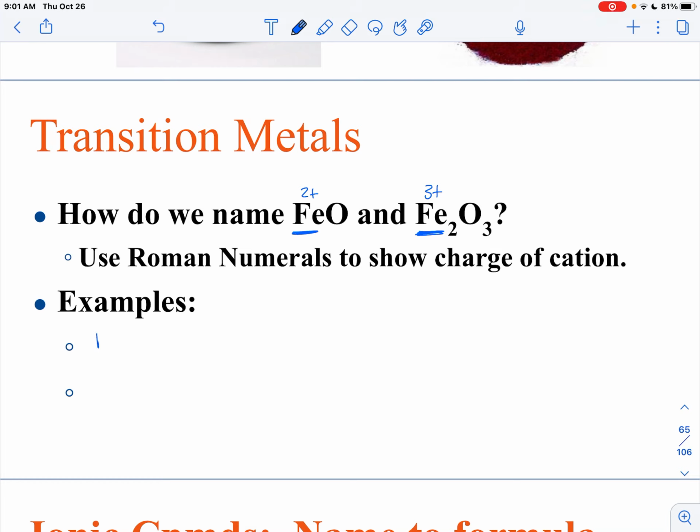For the 2 plus version, we would write iron(II) oxide. So this charge on iron becomes a Roman numeral. That one would be FeO once you simplified it. For the 3 plus version, we would write iron(III) oxide.